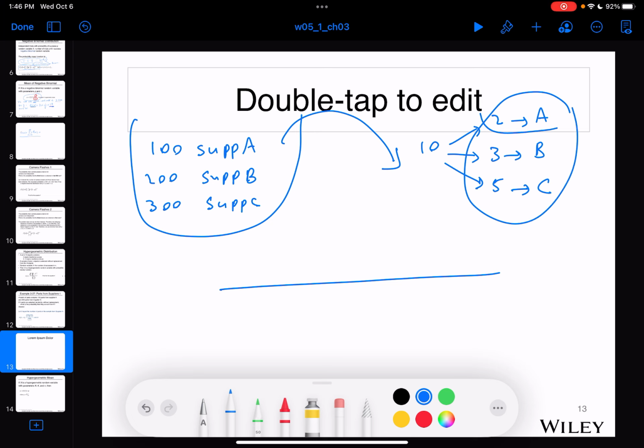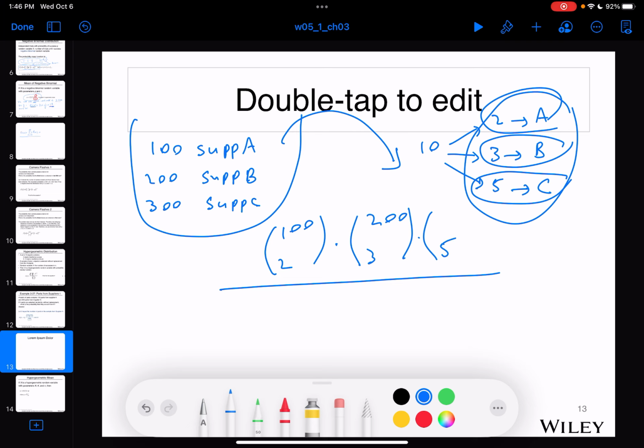I have to choose 2 from A, 3 from B, and 5 from C. And the total number of ways is choosing 10 from 600. And that's the probability. It's a very simple probability distribution, in my opinion. Any questions? Okay. All right.